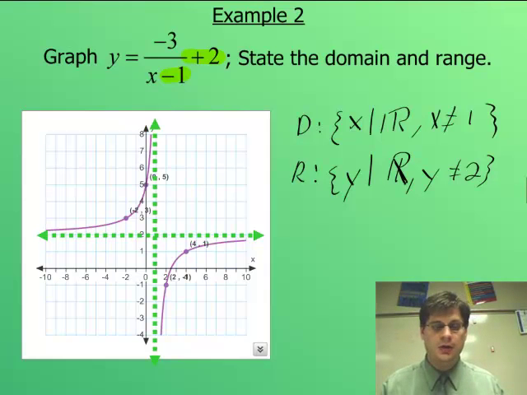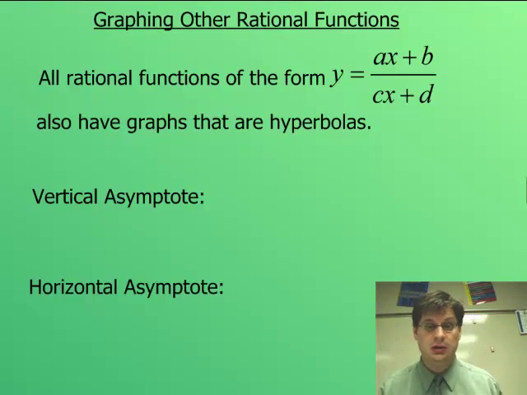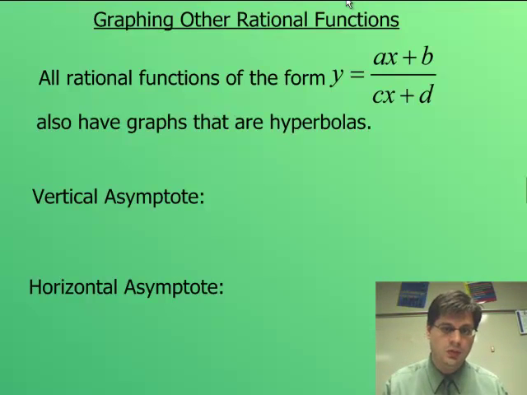Okay, so there are other rational functions, in the form of ax plus b over cx plus d. So you could think of it as like a linear over a linear. And to find these asymptotes, it takes a little bit more.